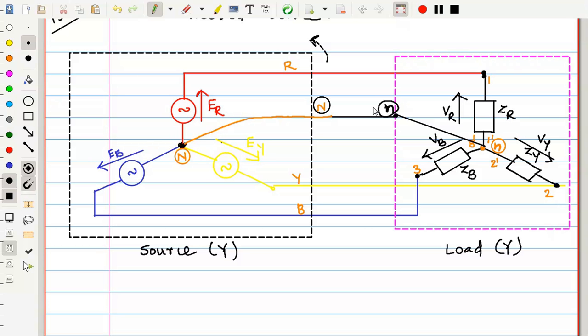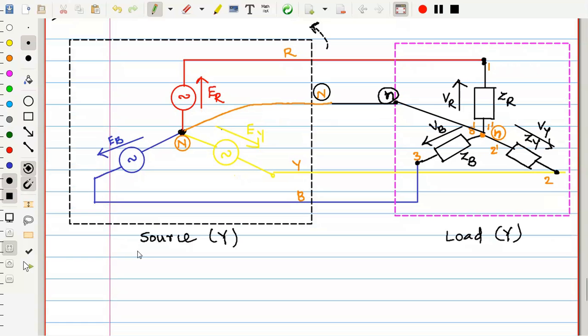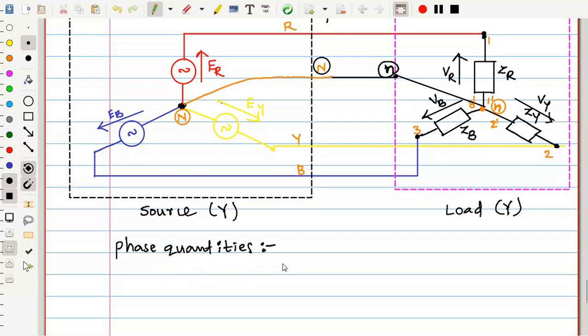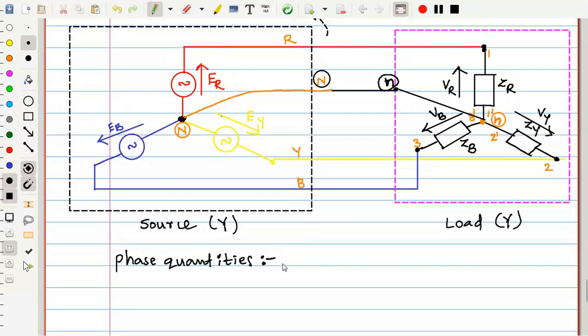As of now I want to introduce some terminology. The terminology is phase quantities. Phase quantities are nothing but phase voltage or phase current. First let us see the phase voltage.